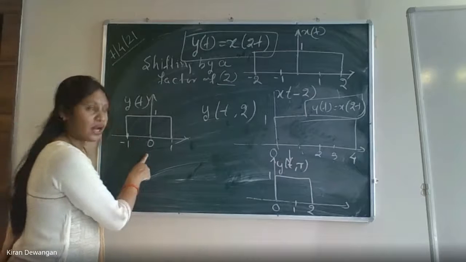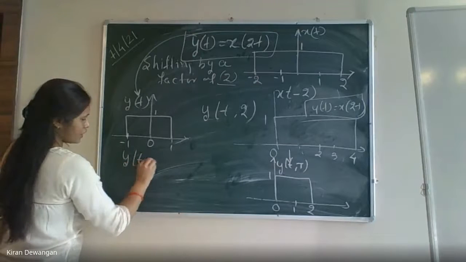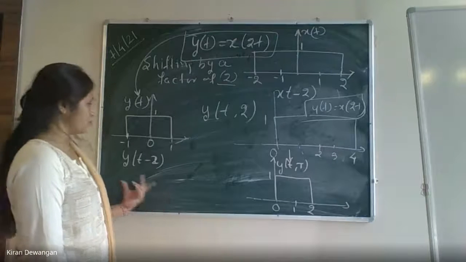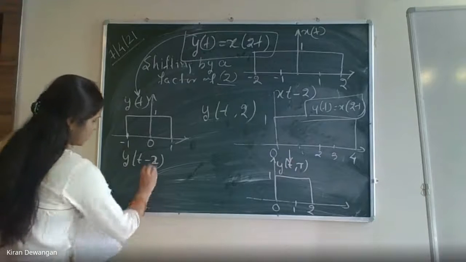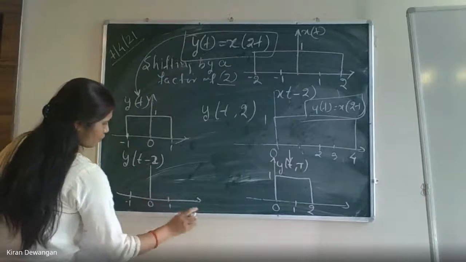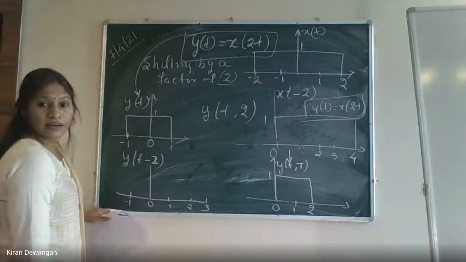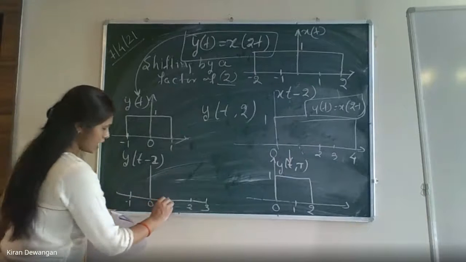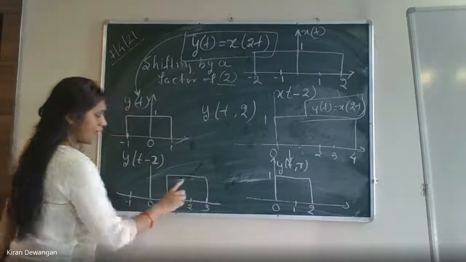Now this is my output, this is my original output, ये मेरा original output ये है, अब इसी में मैं y of t minus 2 अप्लाई करती हूँ, if I am applying y of t minus 2 तो ये कैसा होगा, it will be shifting from -1 0 1, कहाँ से कहाँ तक जाएगा, it will start from 1, -1 वाली value will start from 1 and it will be till 3. ऐसा होगा कि नहीं होगा?